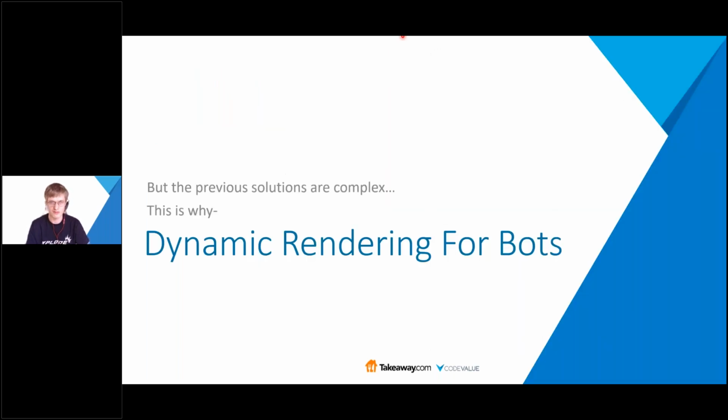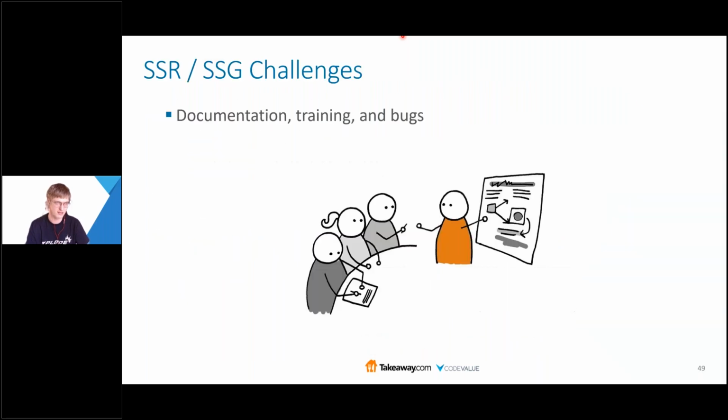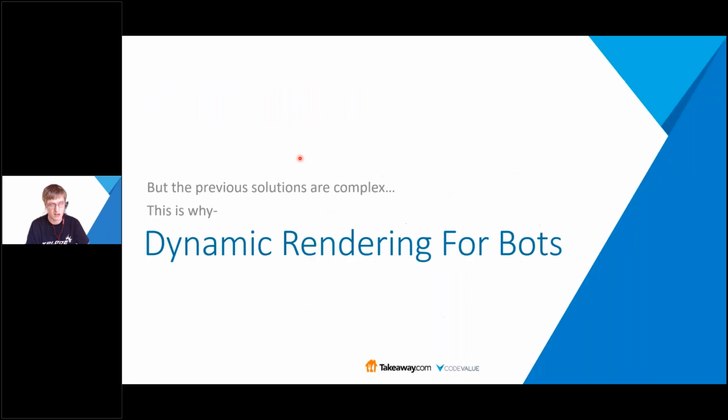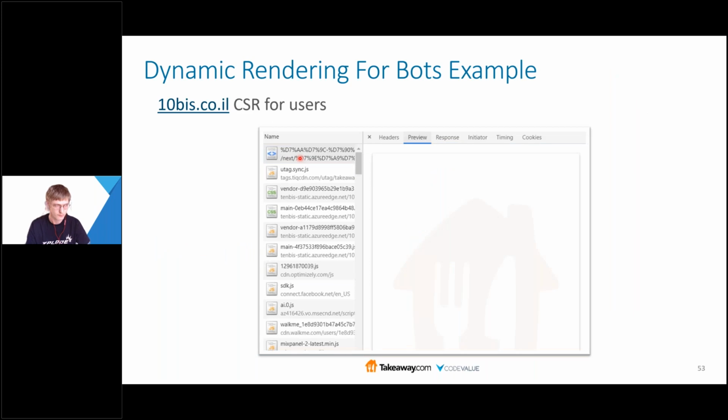So there's a lot of complex things that you can do. But again, you will see that you will need more documentation, you will need more training, you might probably have more bugs. So it all comes down to trade-offs, right? Like any architectural decision.